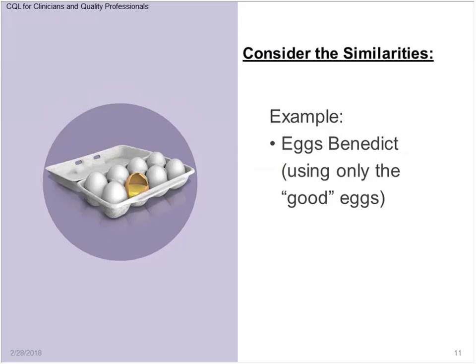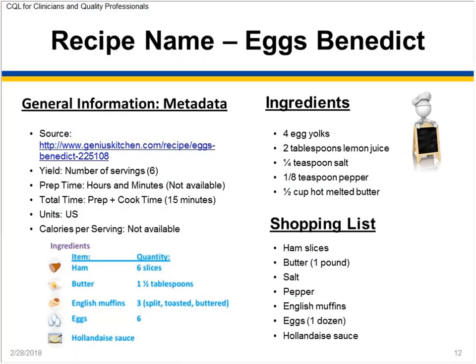And we'll start with just the components of a recipe to try to be very high level here. Let's look at Eggs Benedict. So in a recipe, there's general information about it, where to come from, there's number of servings, prep time, what units it uses, calories.